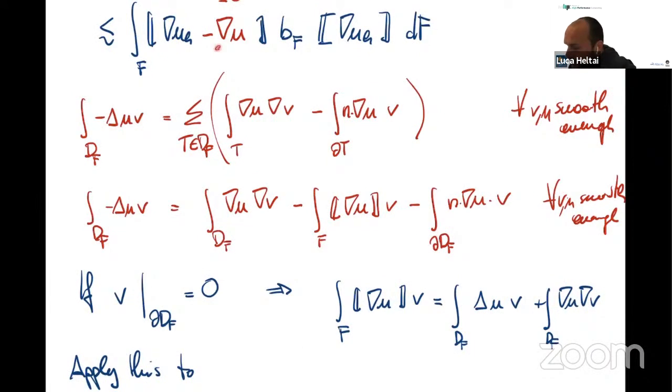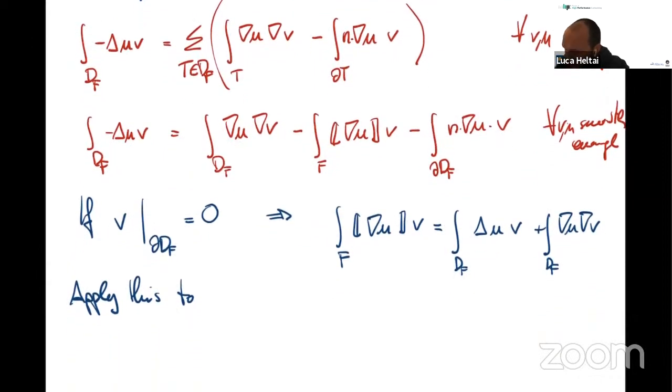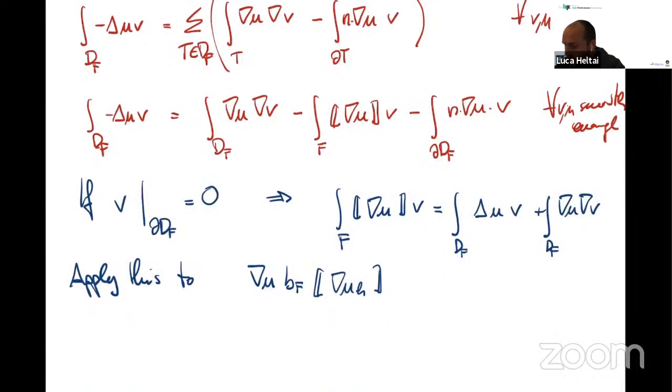So if I take the Laplacian of u multiplied by bf gradient of vh, okay? So the Laplacian of u bf gradient of vh is then something that I can use here. Apply this to gradient of u bf gradient of vh, and this is on the integral of the face.